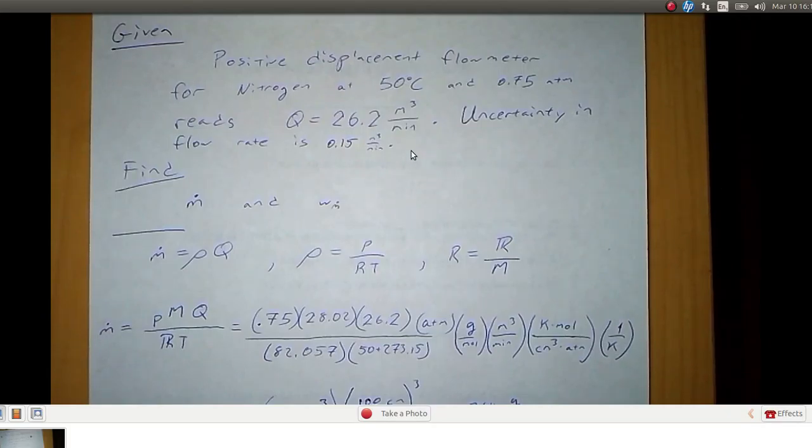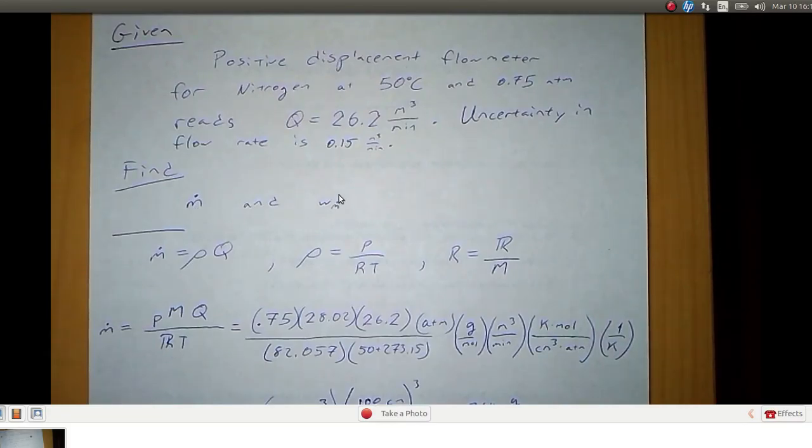We're given that nitrogen at 50 degrees C and 3/4 of an atmosphere is determined to have a flow rate of 26.2 cubic meters per minute with this positive displacement flow meter. And that measurement has an uncertainty of 0.15 cubic meters per minute. So we want to find the mass flow rate and the uncertainty in that mass flow rate.